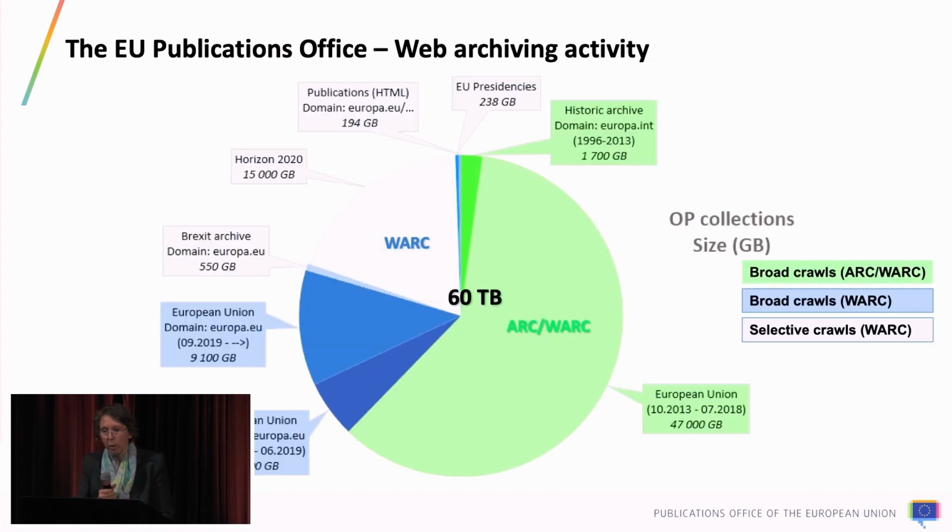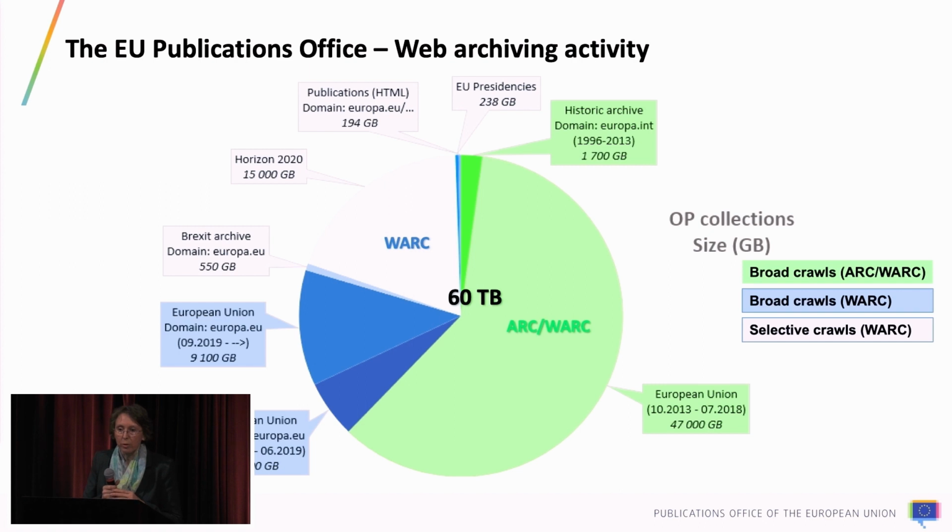This is a slide about our activity, or what we want to preserve. You see in green all the legacy, so those are mainly ARC files that we crawled with various contractors, and in blue what we are archiving with the Internet Archive.